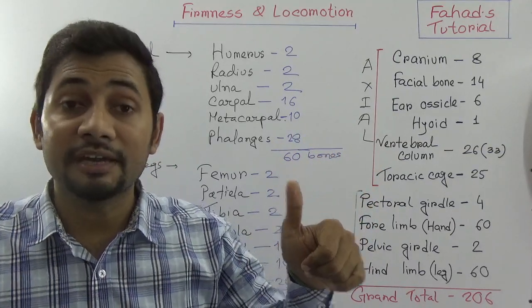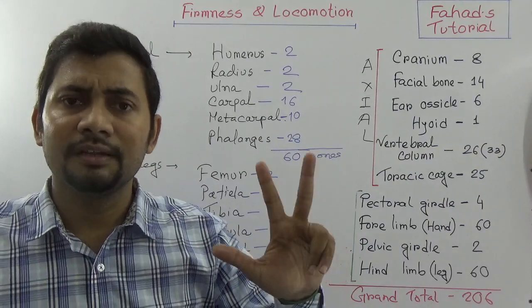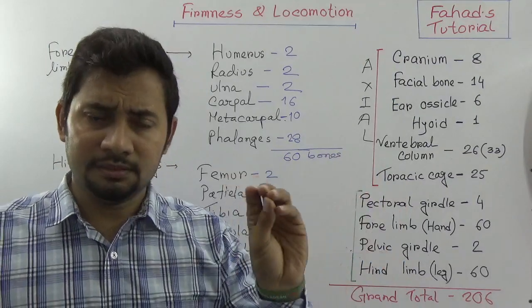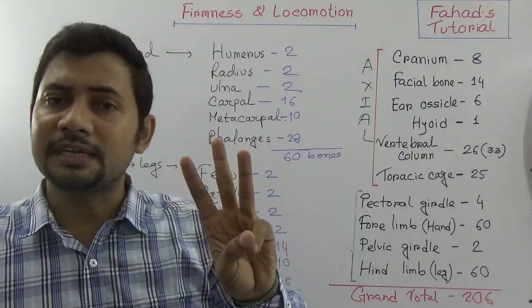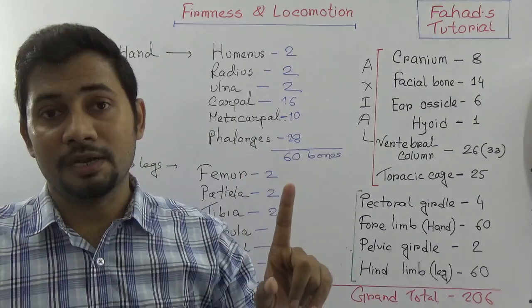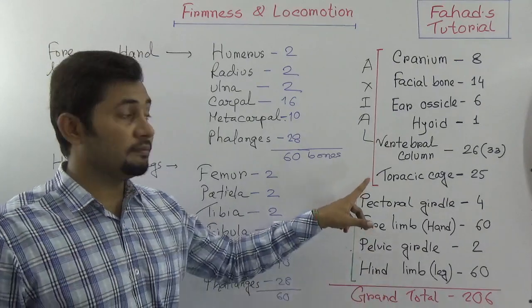So we say cervical vertebra 7, thoracic vertebra 12, lumbar vertebra 5, sacral, previously in our childhood it has 5, but when it fuses it becomes 1, and then coccygeal 1. So together 26 bones form the vertebra.